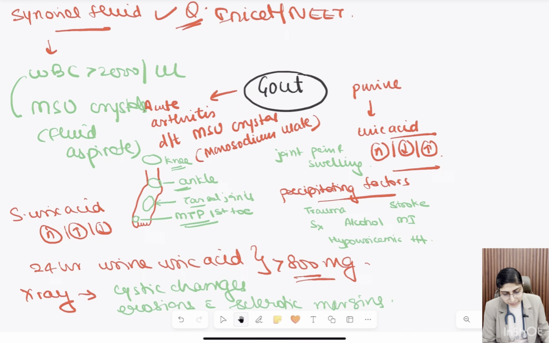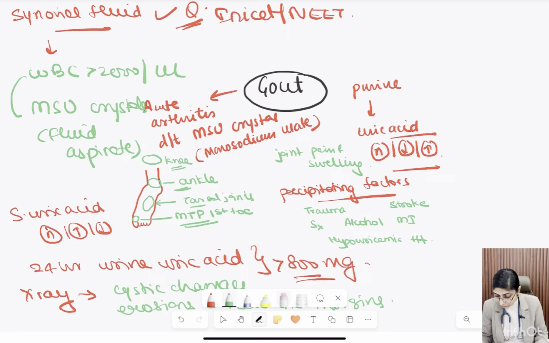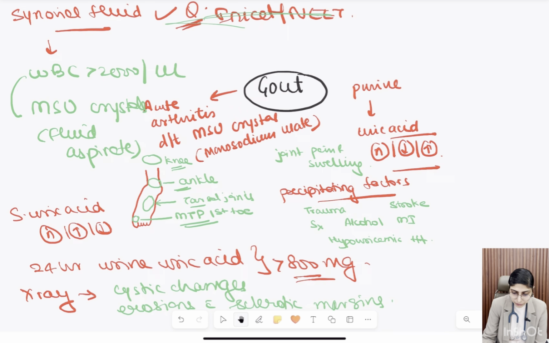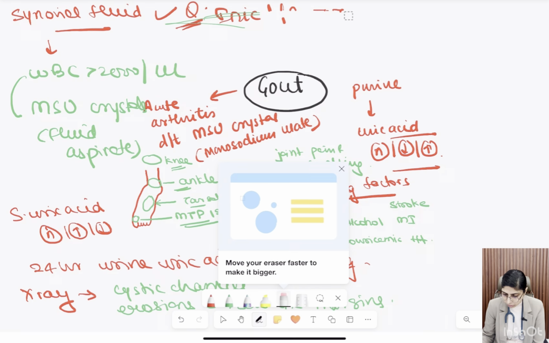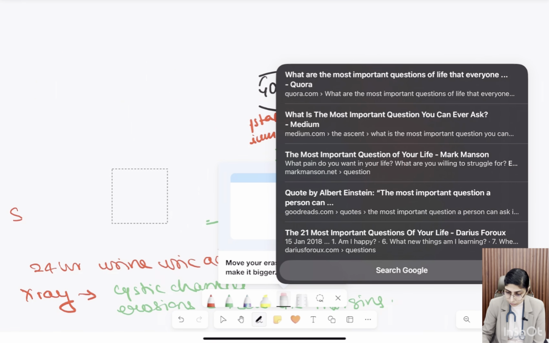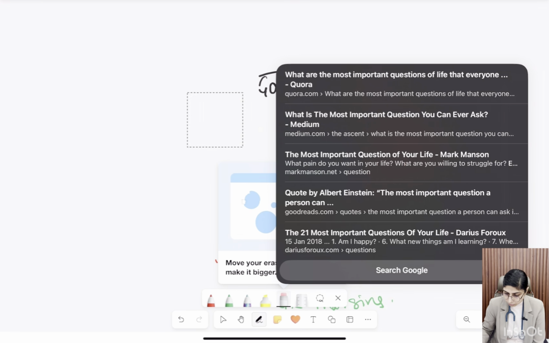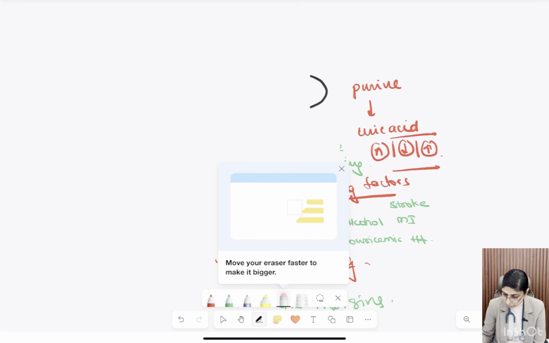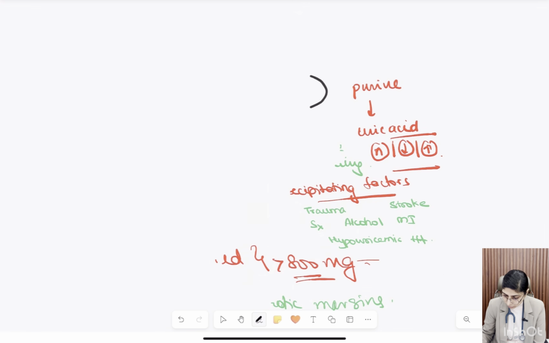Then a very important thing: what is the treatment of gout? Treatment of gout is something that everybody asks in the exam, or the most important question from gout in the exam. All right.